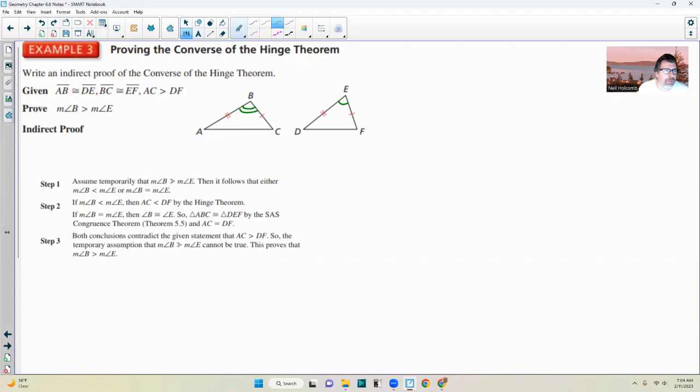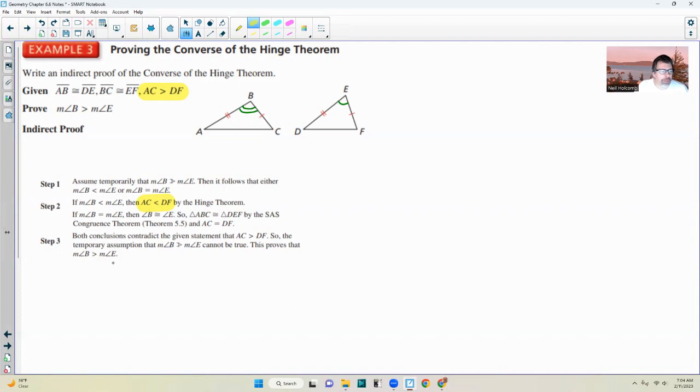Now keep in mind that we were given AC is greater than DF. So saying AC is less than DF is a contradiction. It says temporarily assuming that B is greater than E cannot be true.